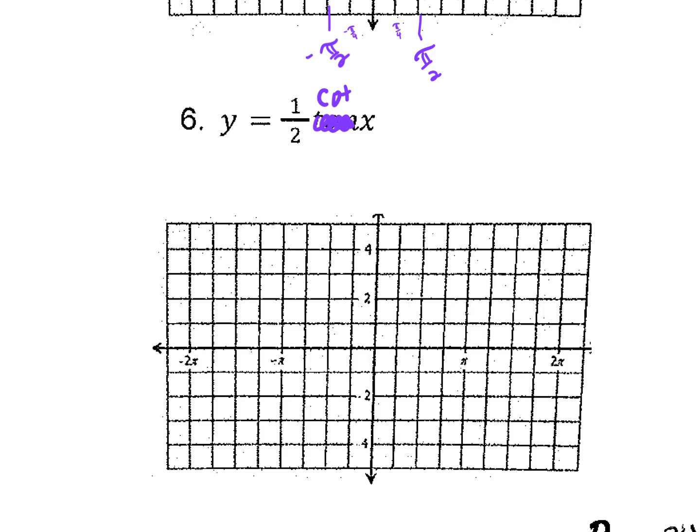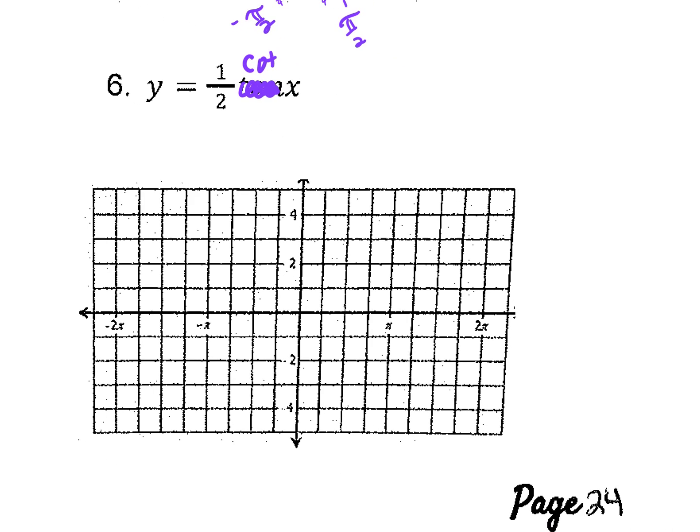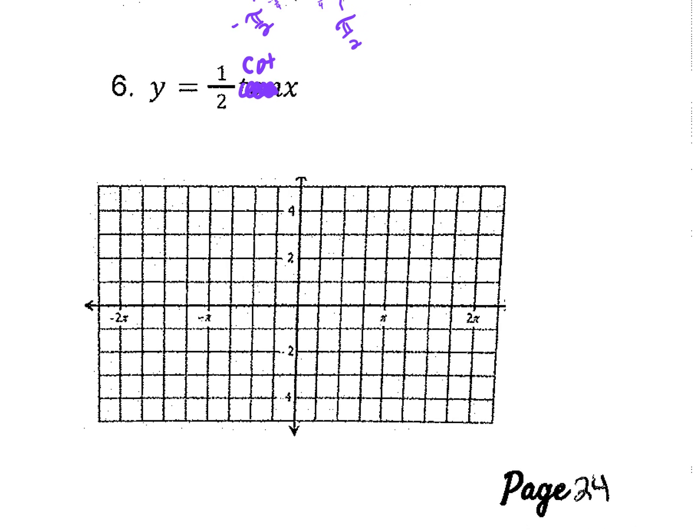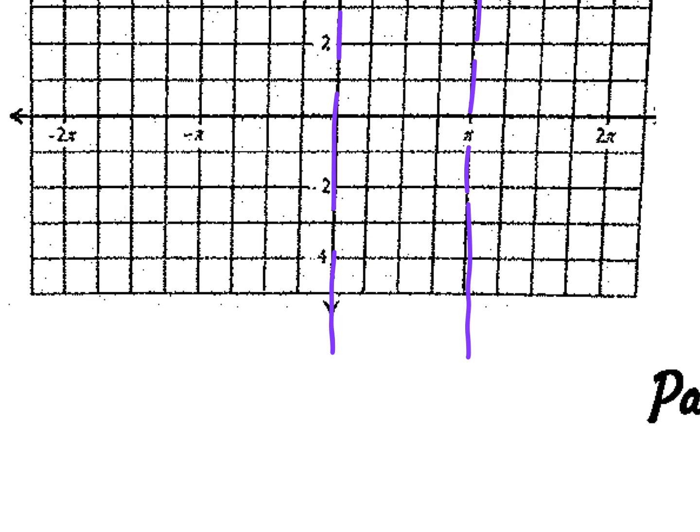And I'll show you something else that tends to happen here also. All right, cotangent x. Owen, where are the asymptotes? 0 and pi. There you go, good. 0 and pi. And let's label the rest of these x-axis markers.